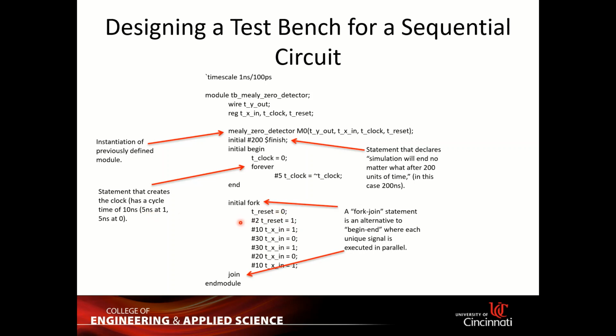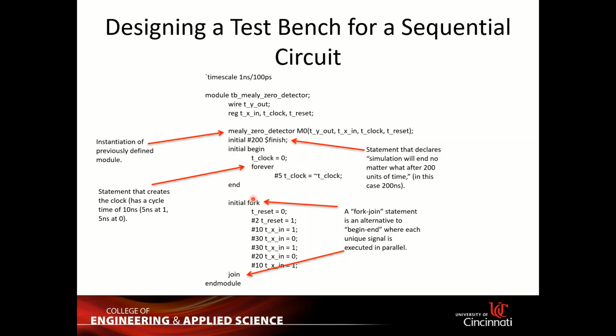Next, you have to write down the initial, but use the keyword fork join. The fork join statement is an alternative to begin end, where each signal is executed in parallel.